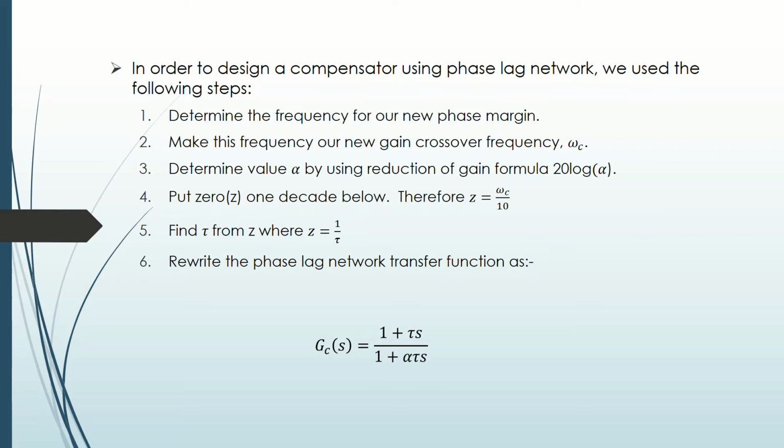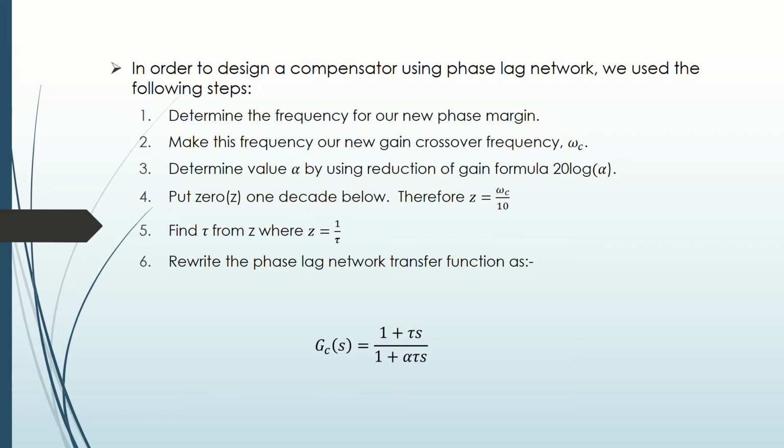In order to design a compensator using a phase-lag network, we use the following steps. The first step is to determine the frequency for our new phase margin. Secondly, we will make this frequency our new gain crossover frequency, which is omega c.